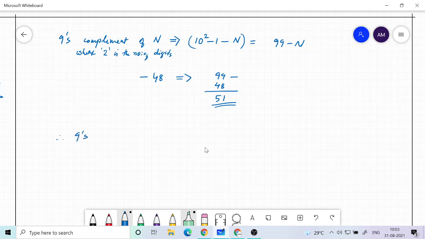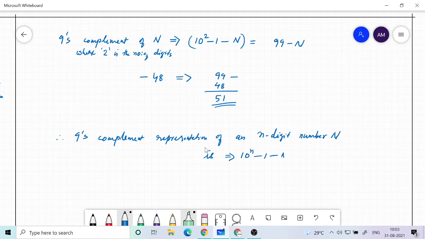Therefore the 9's complement representation of an n digit number n is equal to 10 raised to n minus 1 minus n.